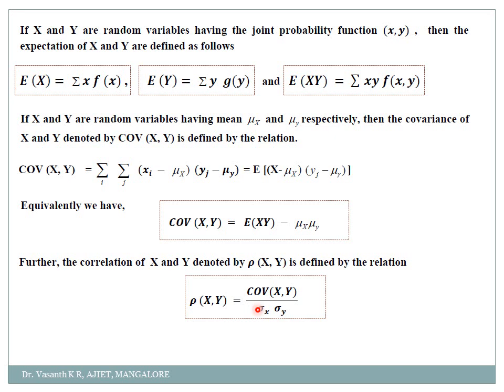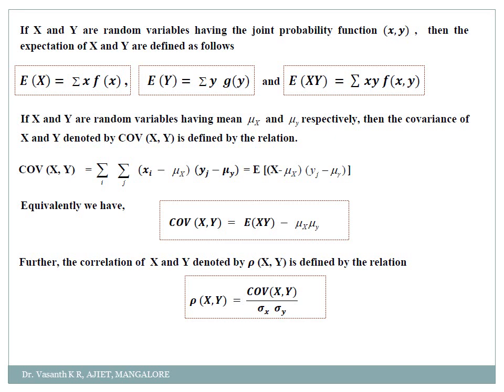So what all you have to remember here, my dear students? You remember the formula for expectations. So expectation of x is summation x into f of x, expectation of y is summation y into g of y, expectation of xy is summation xy into f of xy. Then covariance, what is that?